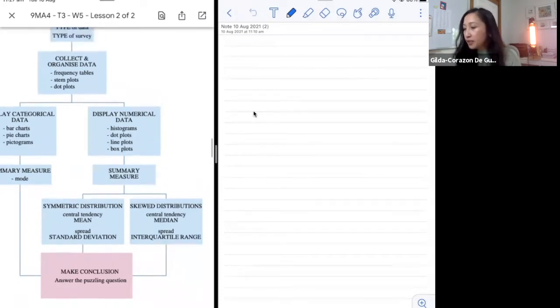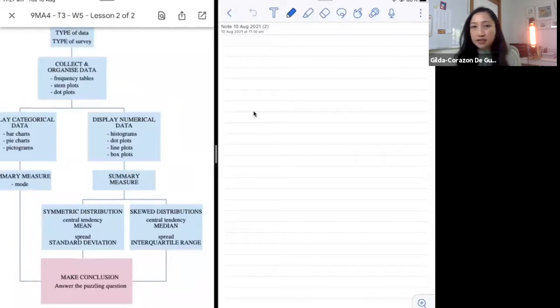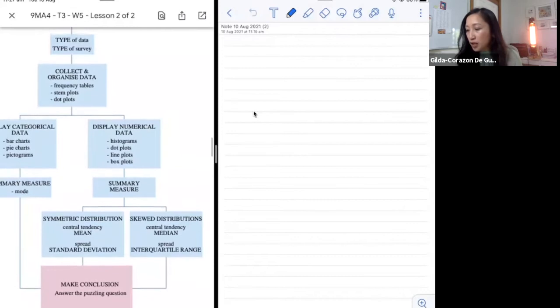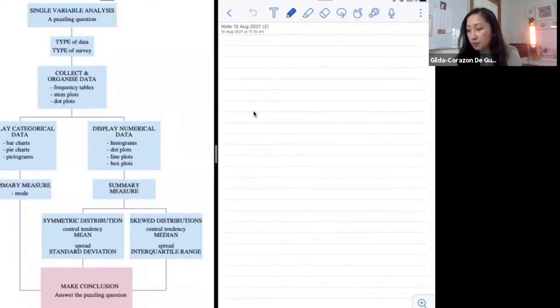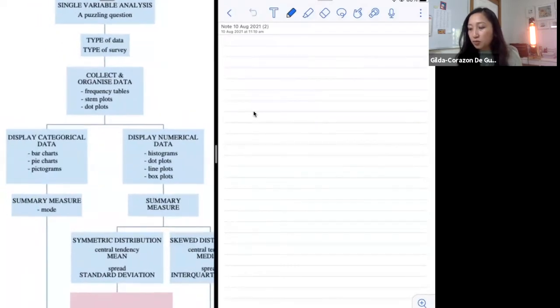Okay, now there are different diagrams that we talked about. One would be, of course, our frequency tables. We've got the stem and leaf plots. In here, it's called stem plots. Okay, in short, it's called stem plot. And then we've got the dot plots.